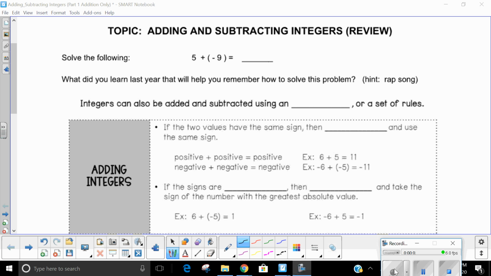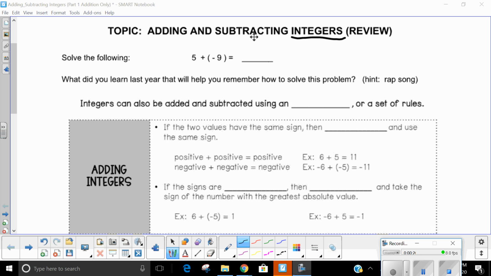Okay, yesterday we talked about rational numbers and classifying the categories of rational numbers, and we learned that integers is a subcategory of the rational number system.